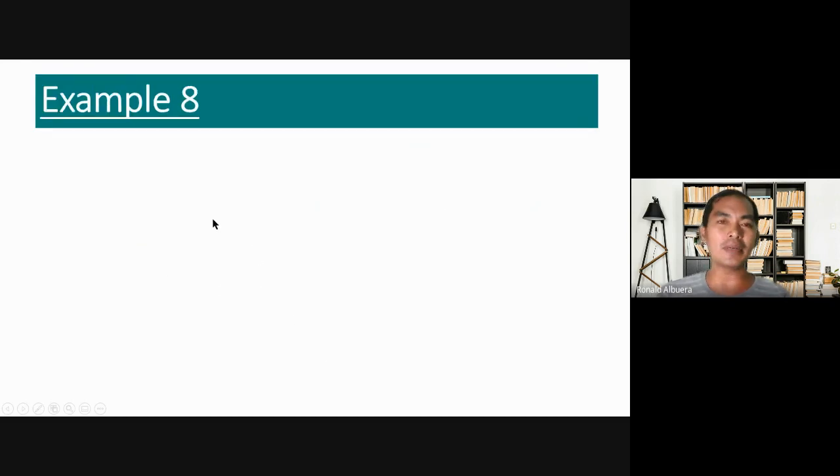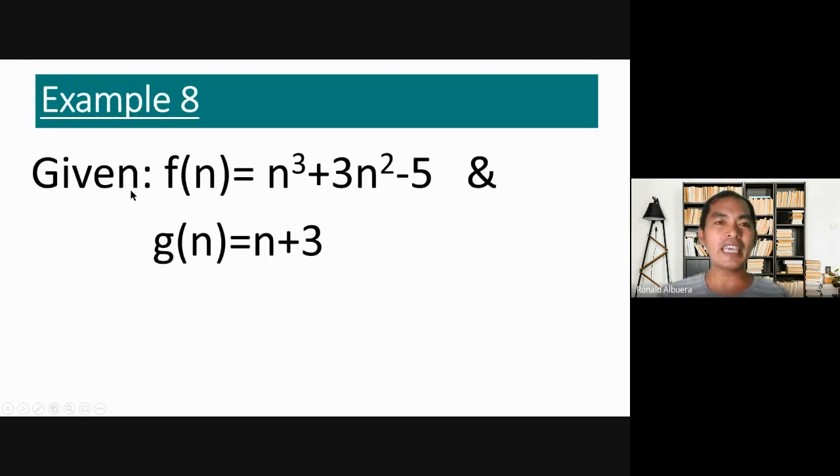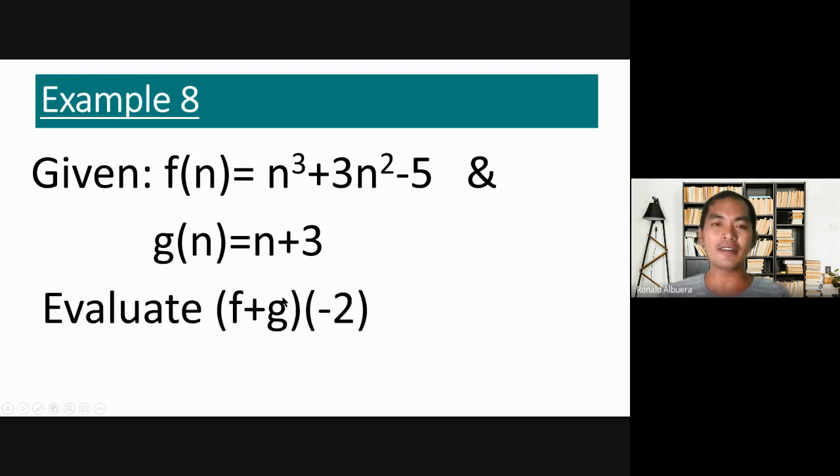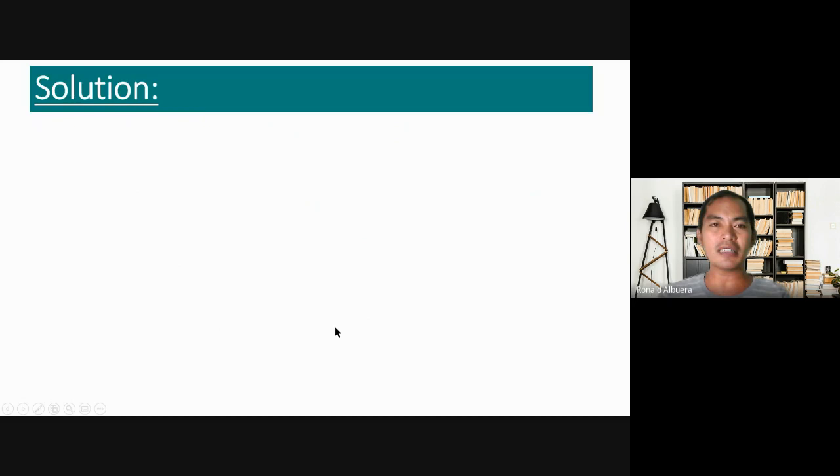Another example. Suppose the given function f of n equals n cubed plus 3n squared minus 5 and g of n equals n plus 3. Evaluate the sum of the function f and g when n is equal to negative 2.